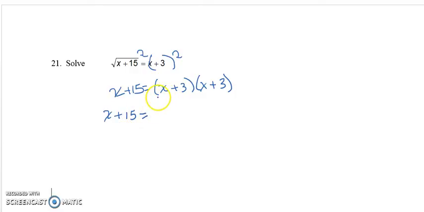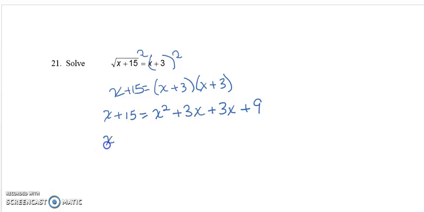So FOIL, first term is x times x, is x squared. The outer term is x times 3, which is 3x. The inside term is 3 times x, is also 3x, which we need to combine to get 6x, but let's multiply the last term first. 3 times 3 is 9.